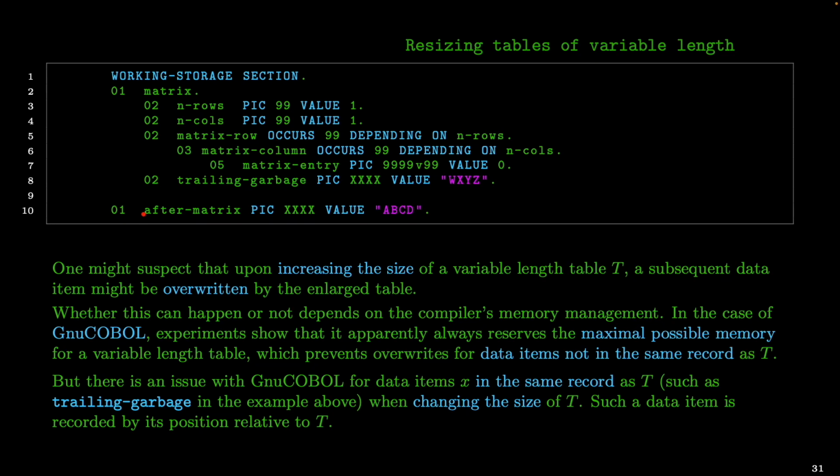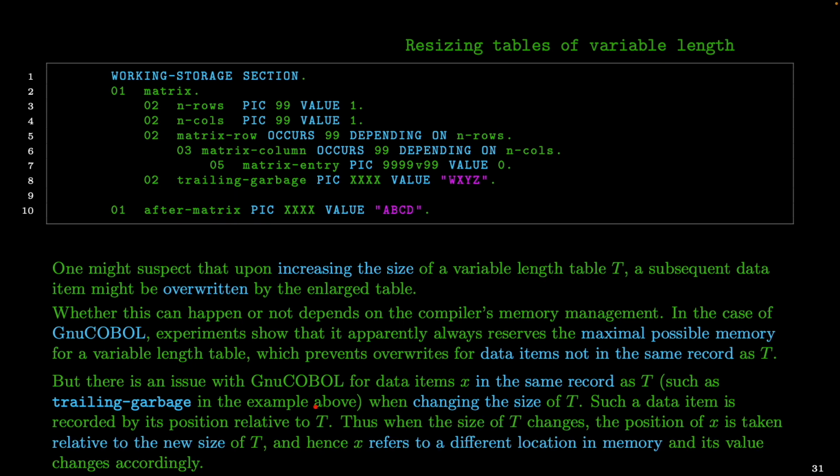So if we address trailing garbage, then COBOL will think, yeah, it's the next thing following at the end of matrix row, matrix column, and all that. So when the size of t changes, the position of x, of this trailing garbage, is taken relative to the new size of t. And therefore it refers to a different memory location than it did before.